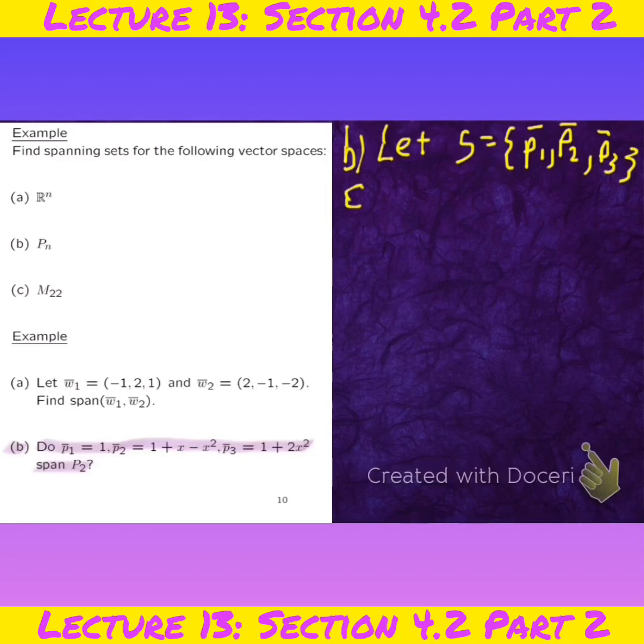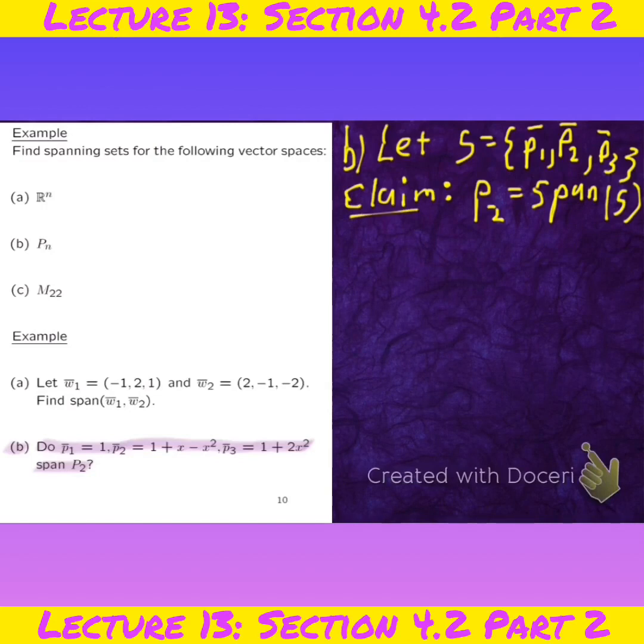So I'm claiming the following. I'm claiming that P2 is actually equal to the span of S. So what am I saying? I'm saying that the vectors P1, P2, and P3 span P2.